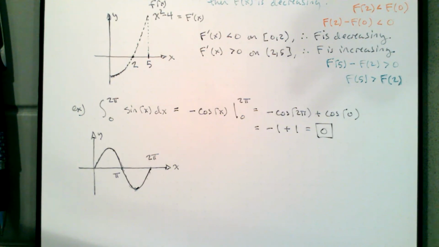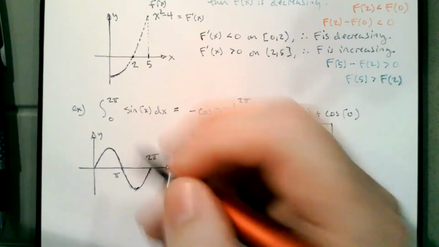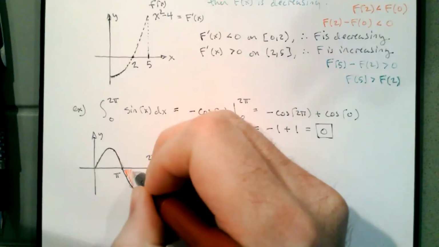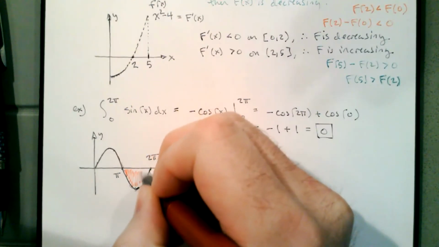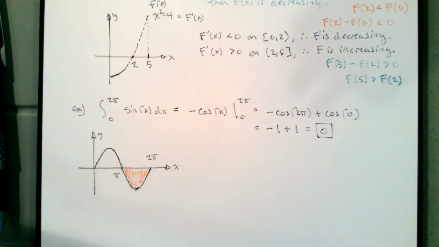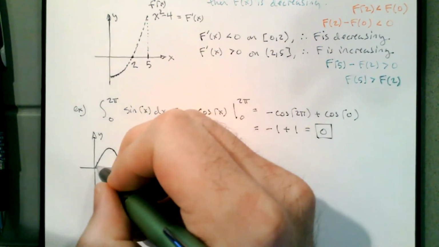Since the definite integral is counting the negative area against the positive area, and these two areas are the same, they cancel out to 0. So whatever area we had down here is the same as the area that we have above.